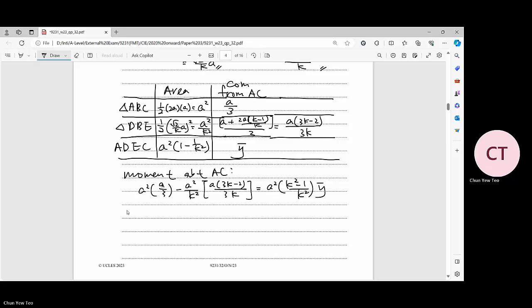I cancel the A square first. Then I multiply everything by 3K cube.